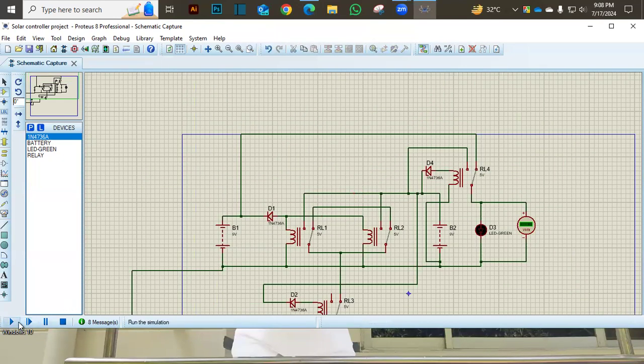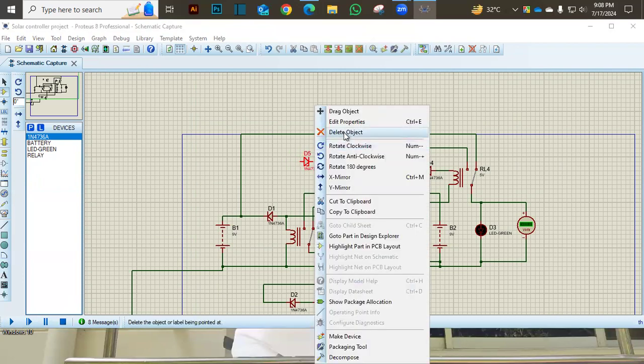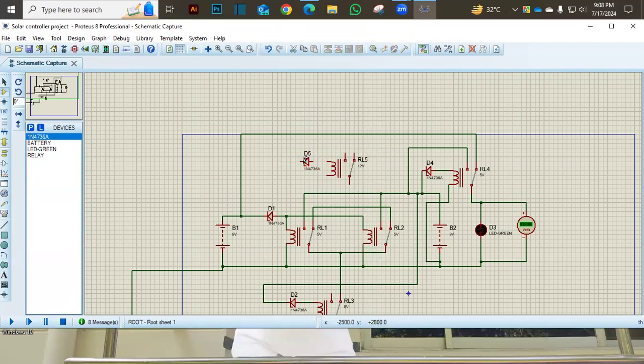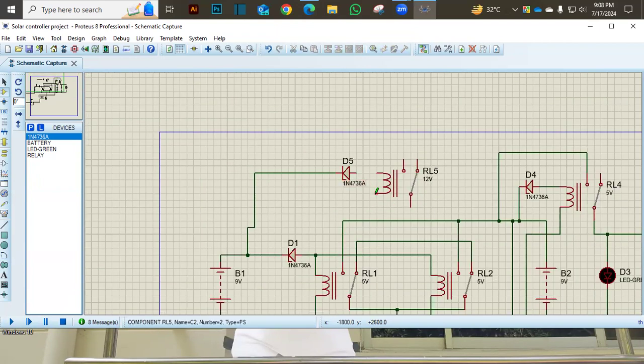So we are taking a relay. Here, this is a relay, and we need a Zener diode here. We just mirror them and connect on this line. Our negative part will be shifted to here.